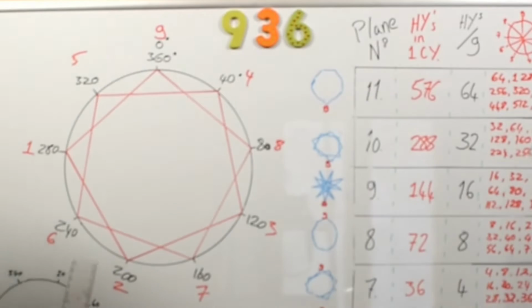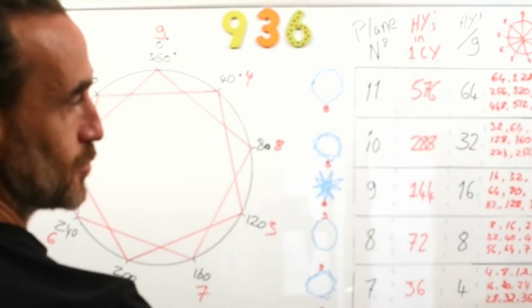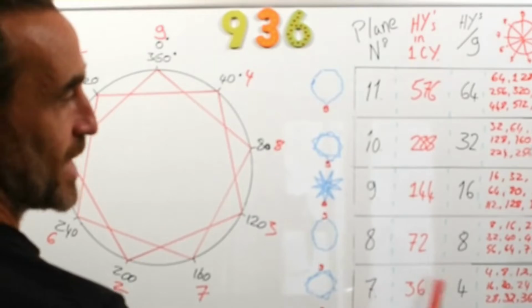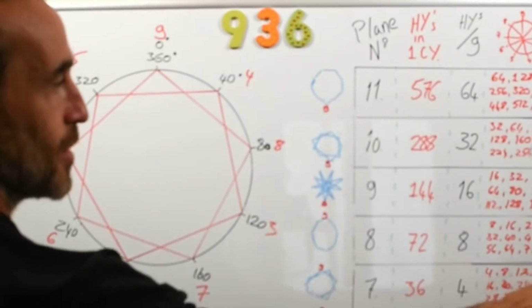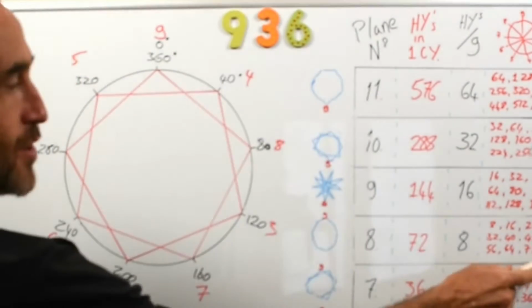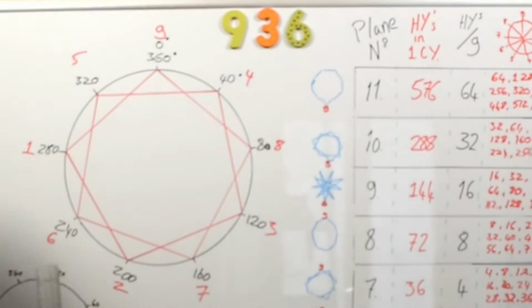And so straight away we can see that this actually corresponds to the level 7, 4, 8, 3, 7, 4, 8, 3, 7, and round to 9. So we are dealing with this plane 7 here. So it's no surprise that we go straight to an expanded 9-pointed star.